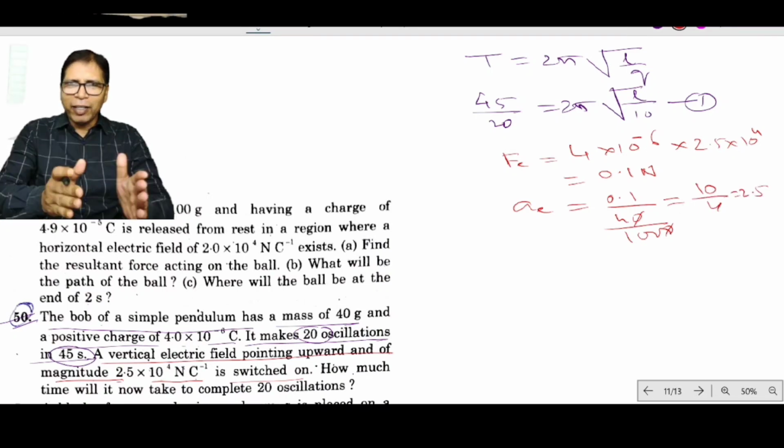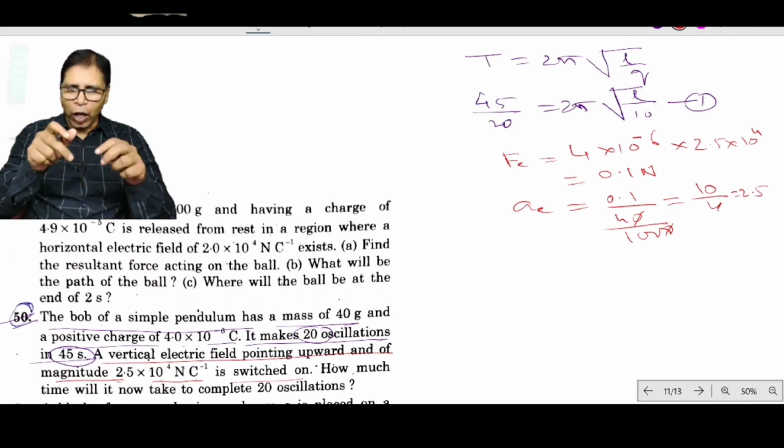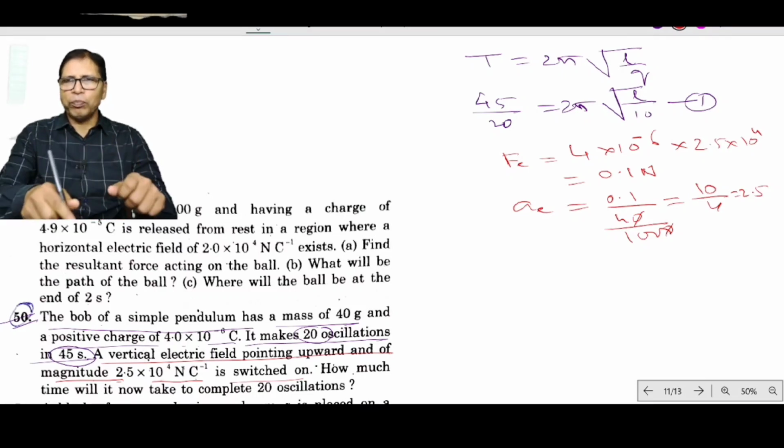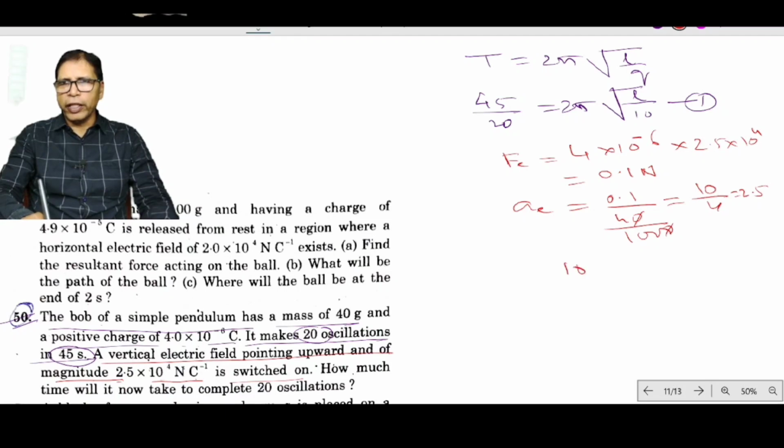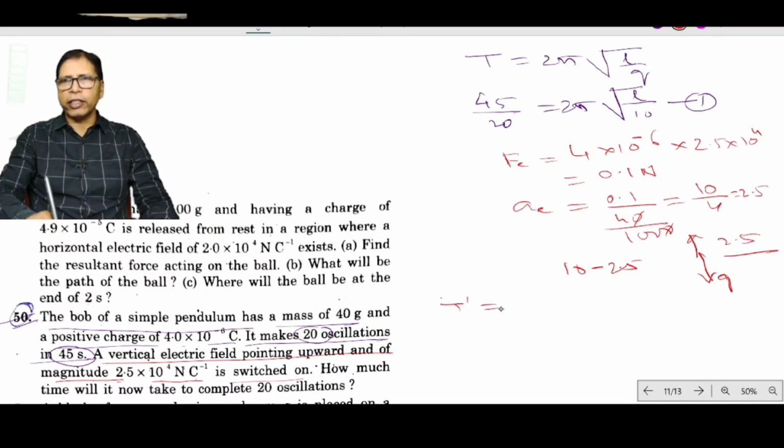Now, net vertical acceleration in the downward direction of the bob equals 10 minus 2.5, because g is vertically downward and the acceleration a is 2.5. So the time period T dash equals 2 pi root under L by 7.5.